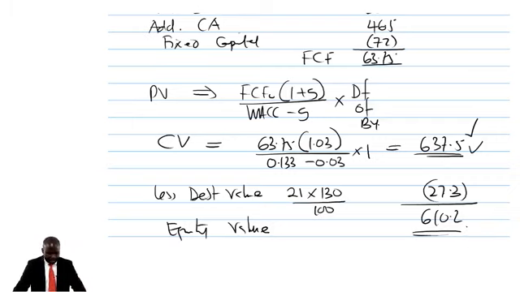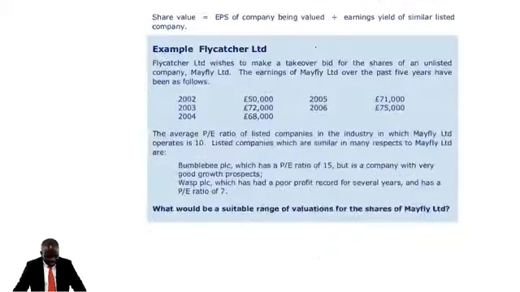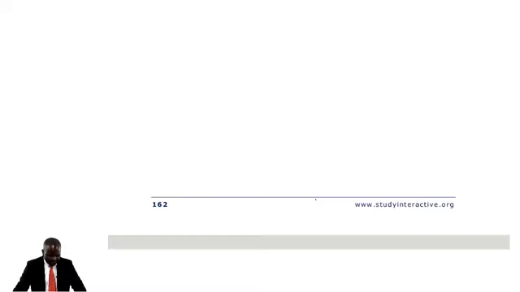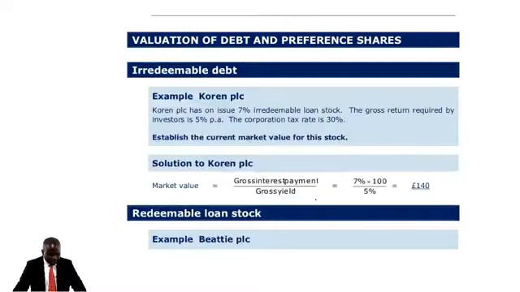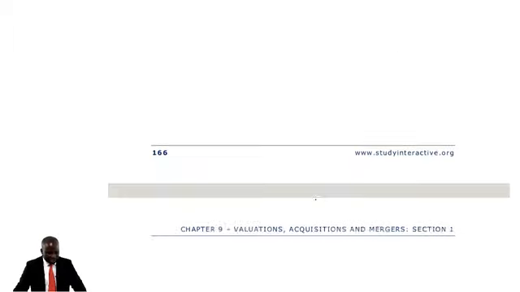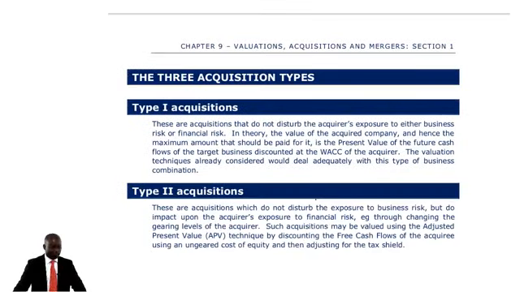Please listen to them so that when I see you next week, I am going to pick you from acquisition type 1, acquisition type 2, and acquisition type 3. That is what you are more likely to see in P4 exams. The ones like how to calculate the value of debt, if you listen, they are very straightforward.